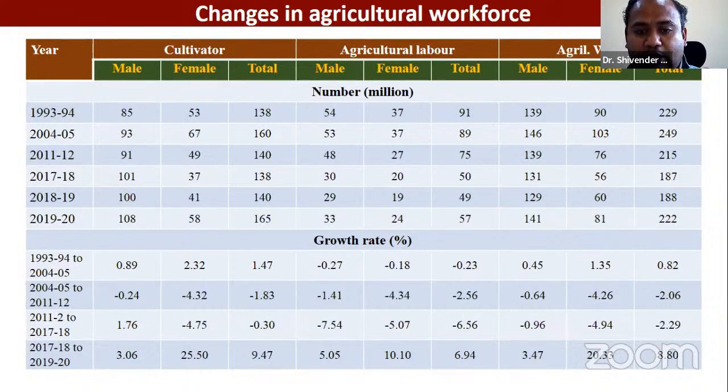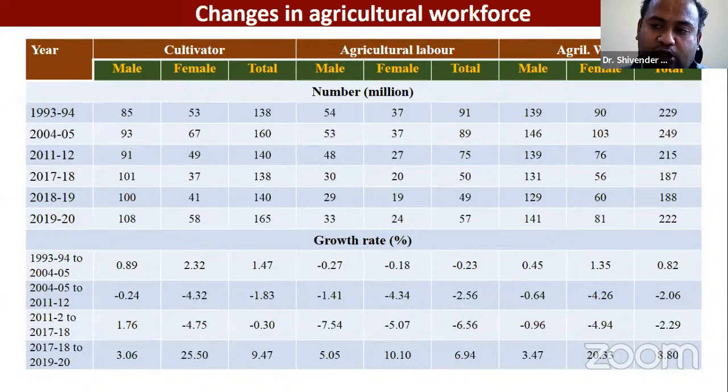And this is not only related to cultivators but also to agricultural laborers, because earlier the withdrawal of labor increased by 2% to 6%, but again between 2017 and 2019 the number of laborers has increased at the rate of 6%. So we can see some trend reversal in the number of cultivators and laborers, particularly in the recent two to three years.